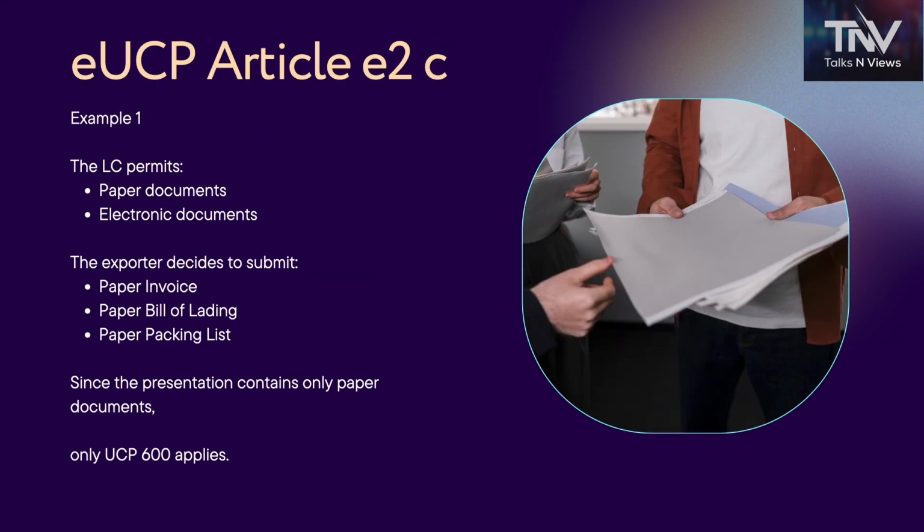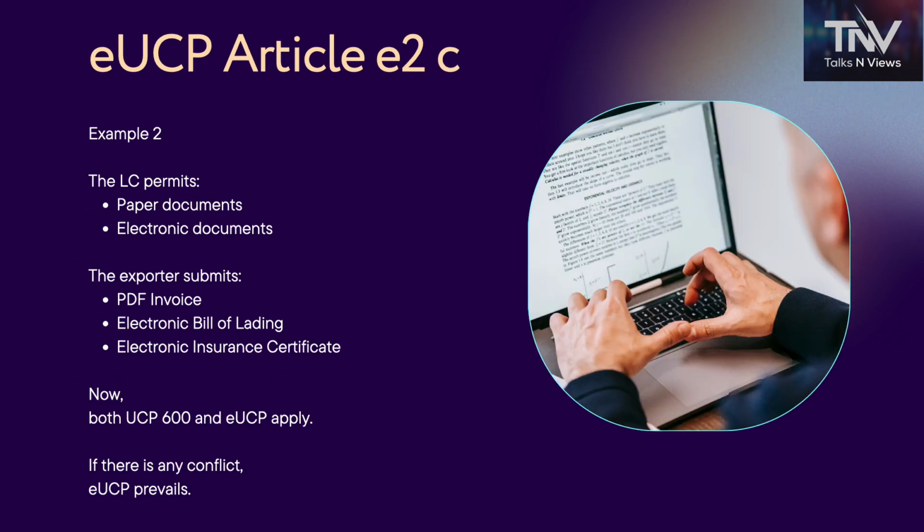Example 1. The LC permits paper documents, electronic documents. The exporter decides to submit paper invoice, paper bill of lading, paper packing list. Since the presentation contains only paper documents, only UCP 600 applies. Example 2.